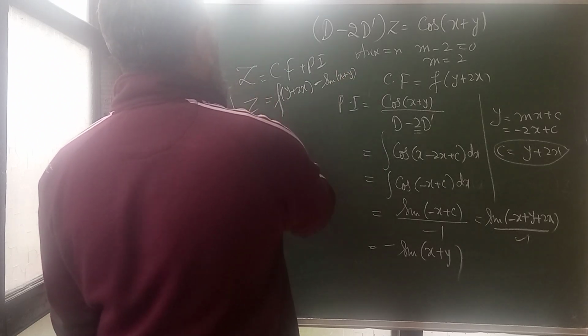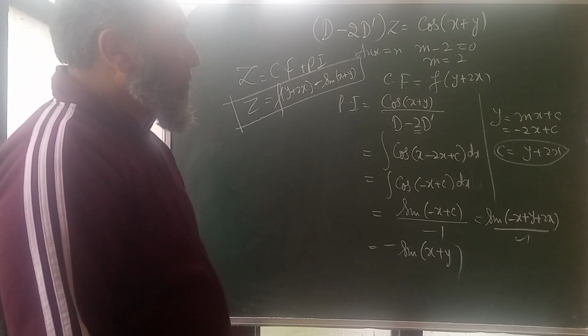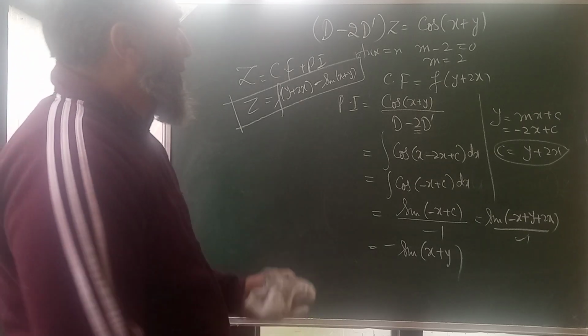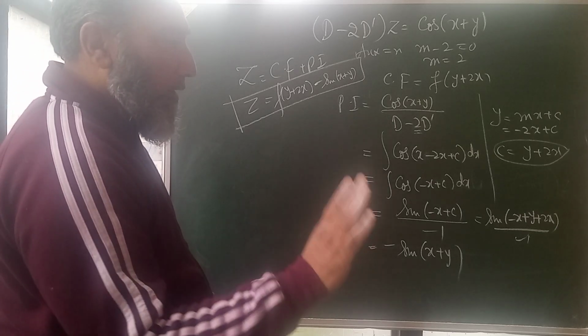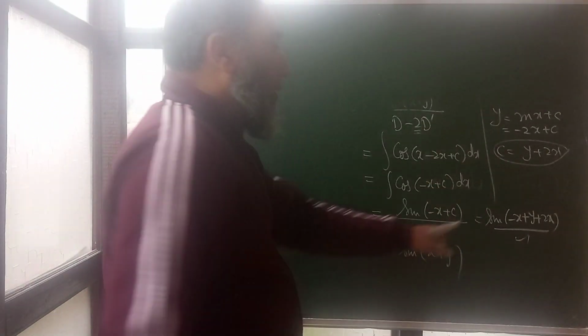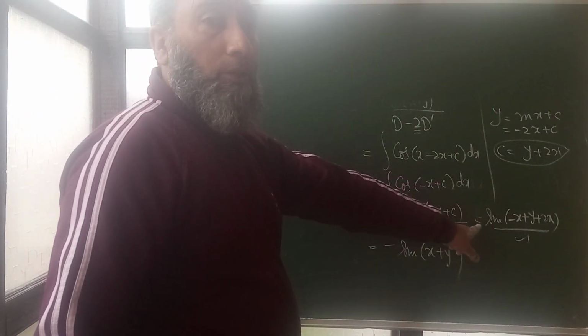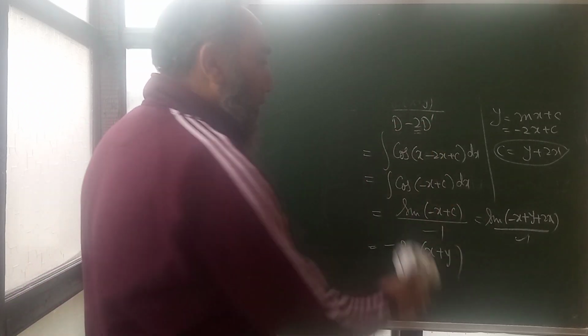This is your z. Fine? Okay. Let me take up one more question. I think there is no problem now. I have not taken a constant of integration here because this is the particular solution. I don't have to take the constant of integration.